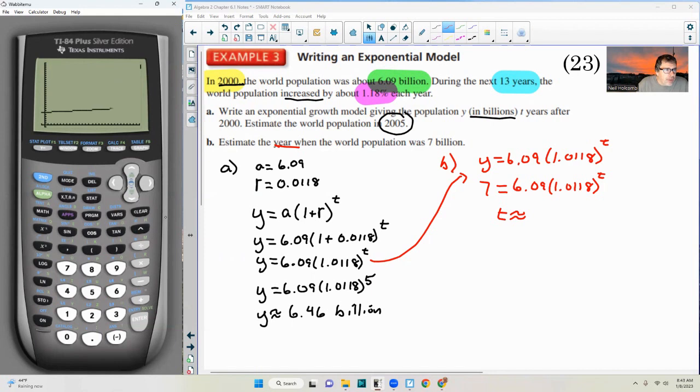Notice how slowly that's growing in this case. If I hit trace and go all the way back to the beginning, that's when x is 0, and that's going to be our population. So when x is 0, we're at 6.09 billion.